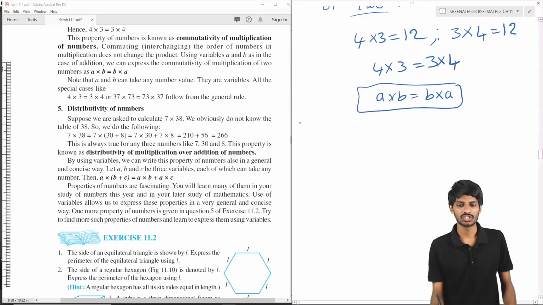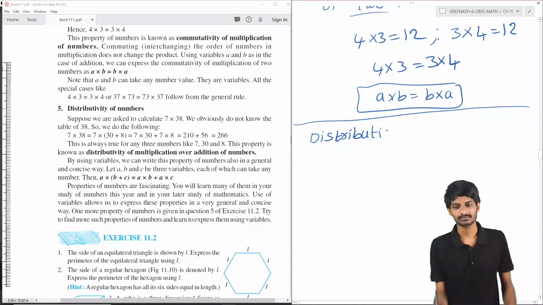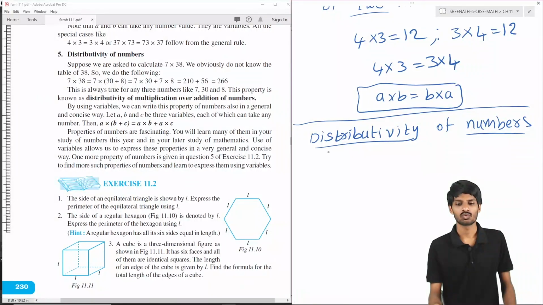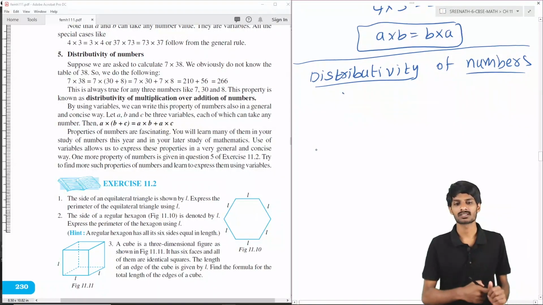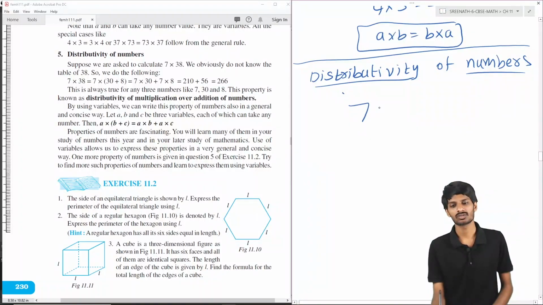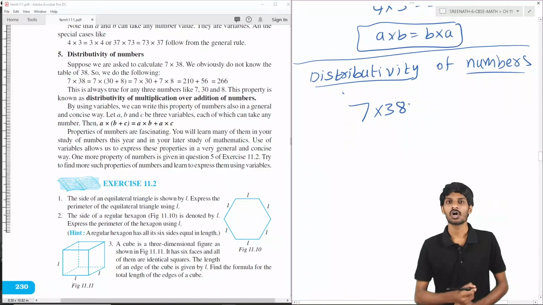So next thing is distributivity of numbers. So what does distributivity of numbers tell, students? Suppose anybody asks you to find out how much 7 into 38 is, how will you do it?